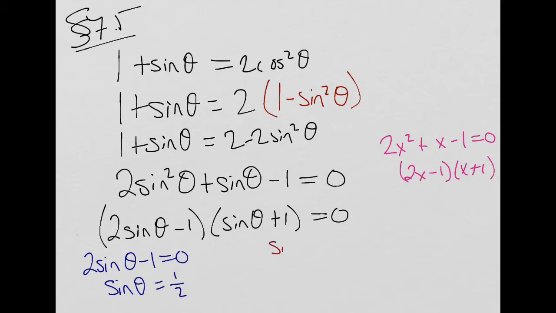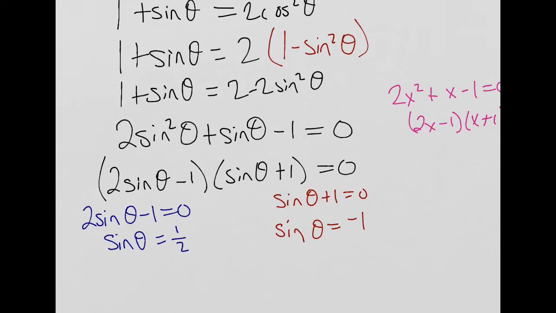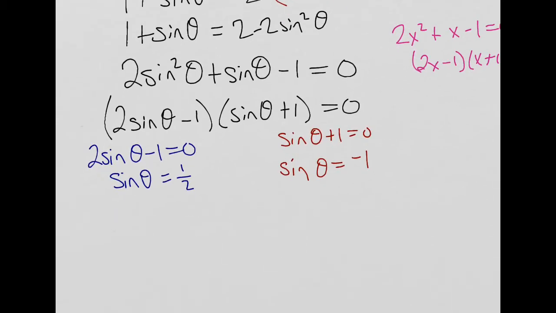On the other side, sine of theta plus 1 equals 0, so sine of theta equals negative 1. Well, those aren't actually too difficult to deal with. In the first case, this is going to happen when theta is equal to either pi over 6 or 5 pi over 6. And in the second case, when theta is equal to 3 pi over 2.